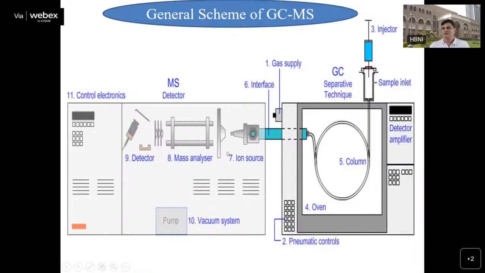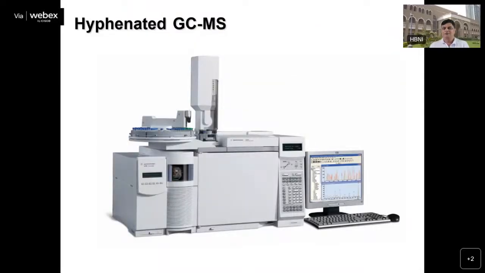This is how the GC-MS looks from the outside, and on the top, you can see the autosampler unit.